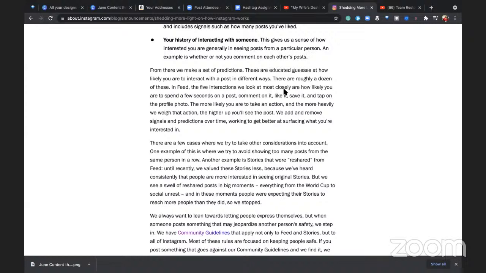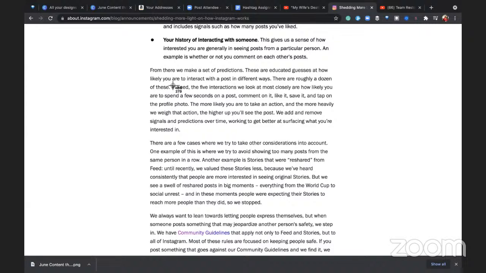From there we make a set of predictions. These are educated guesses at how likely you are to interact with a post in different ways. There are roughly a dozen of these. In feed, the 5 interactions we look at most closely are how likely you are to spend a few seconds on a post, comment on it, like it, save it, and tap on the profile photo.